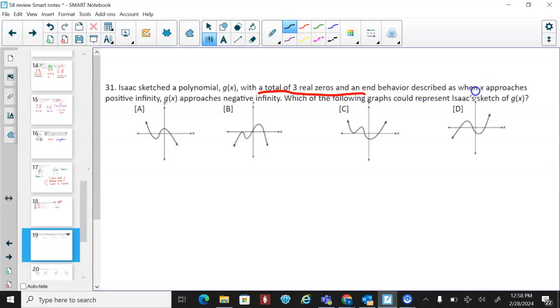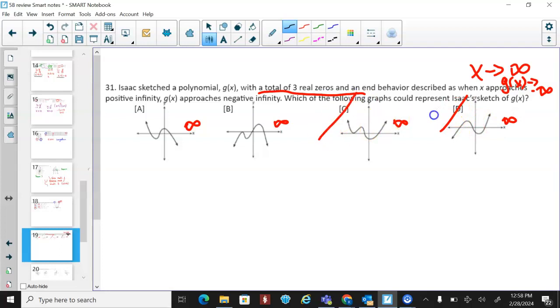And when x is going toward positive infinity, g of x, which is my function, approaches negative infinity. So on the positive side, my function is going down.